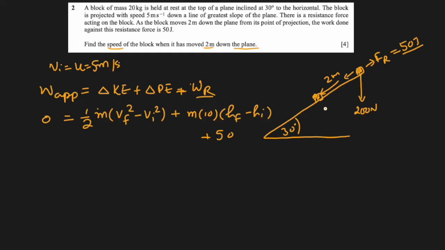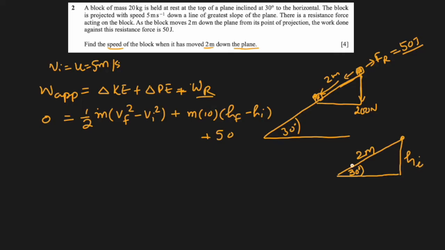Okay, so now let me focus on this triangle, let me redraw this here. So this distance is 2 meters. This angle will also be 30 degrees, right? So we have to find h in this case, from which height it came down. So that will give me the initial height.